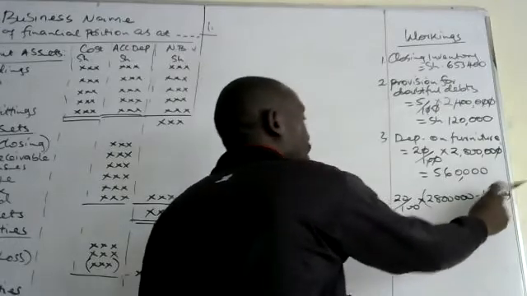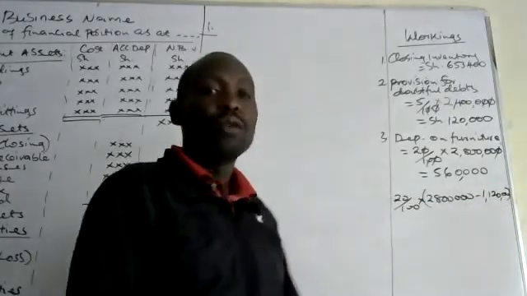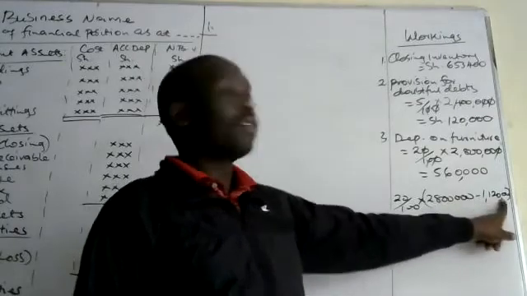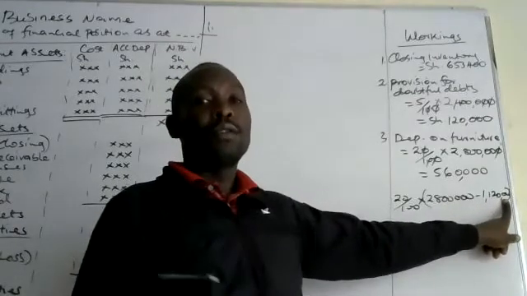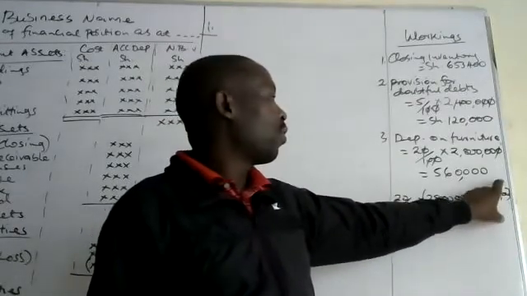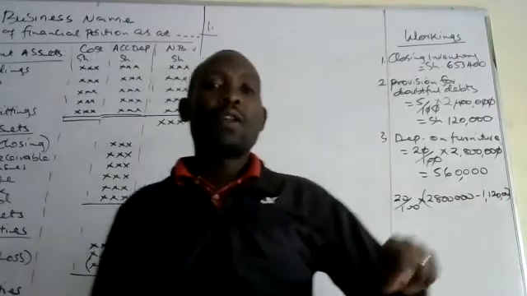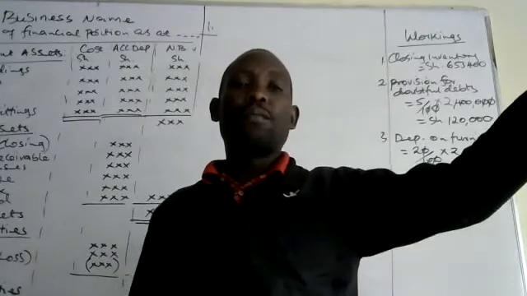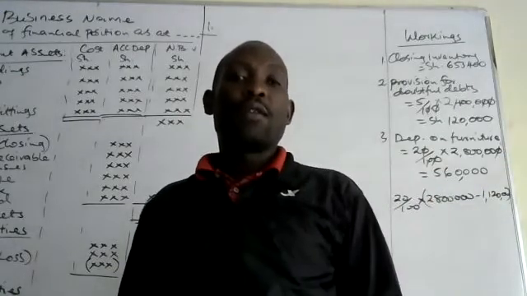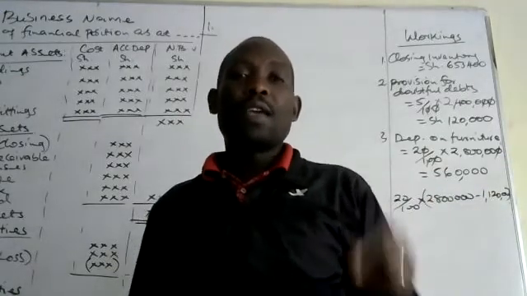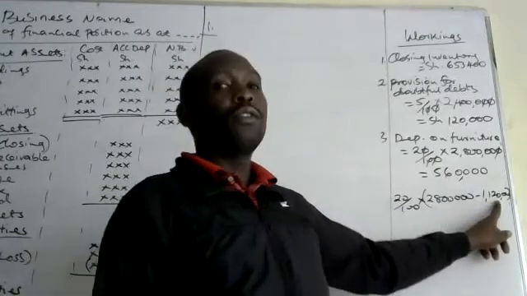Remember, the net book value is normally the cost minus the accumulated depreciation. So this depreciation of 1,120,000 is what the asset has lost from the date of being acquired to the beginning of the year. As we were starting the year, already it had lost this.